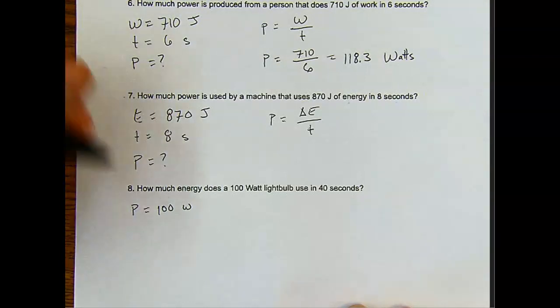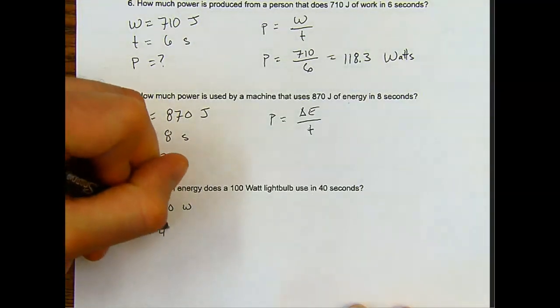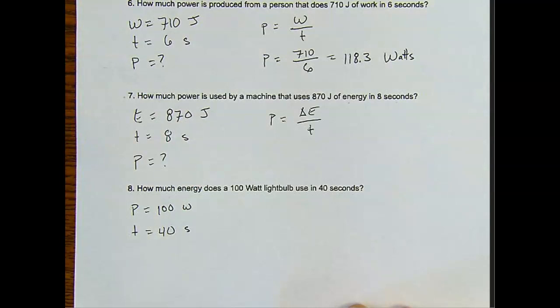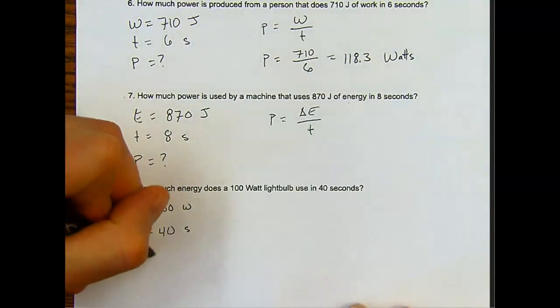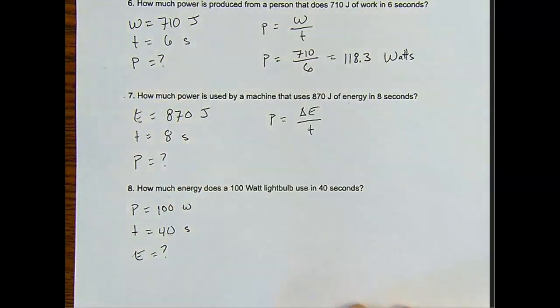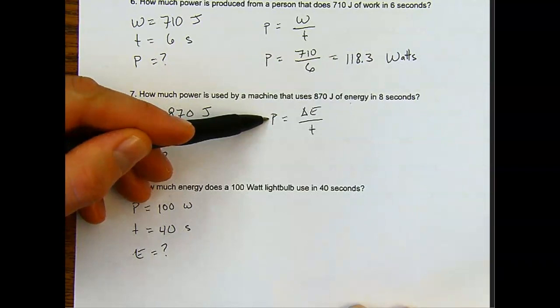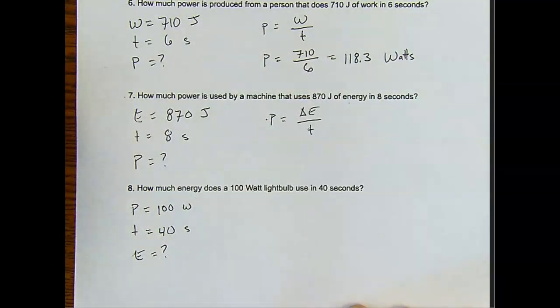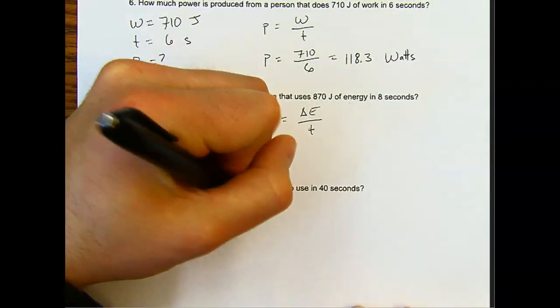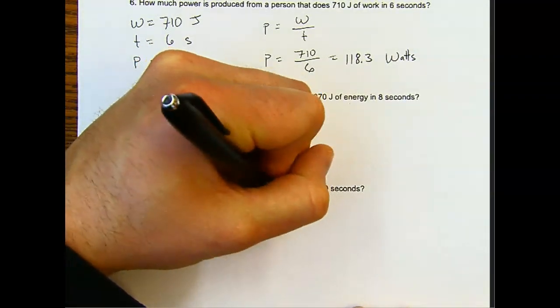We know the time is 40 seconds. What we don't know is energy. We need an equation that combines these things. We're going to use the same one as the last question, but what we're trying to find is a little bit different. So we have power is the change in energy divided by time.